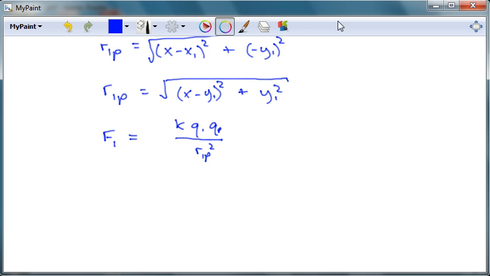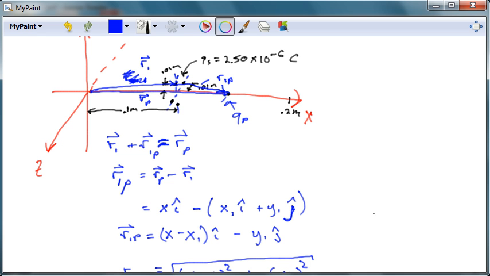Now let's take a look at that diagram. F1P is going to be away from that charged particle number 1, and it's going to be along this same line, in the same direction as the vector R1P.